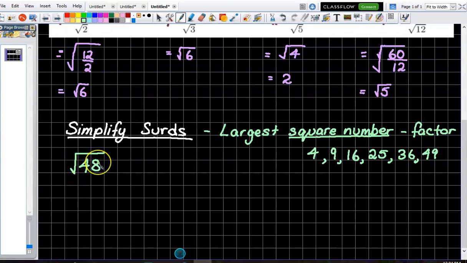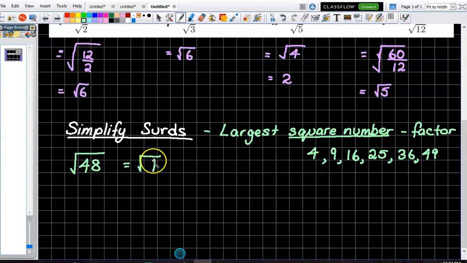48. Right, one of these square numbers, which one goes into 48? Does 4? Now listen carefully. If 4 goes in, always check. Does 16? Okay? We're going to do the example of, oh, we were a bit sloppy and we didn't check that 16 went in. So, is everyone happy? We've gone, okay, it's 4.